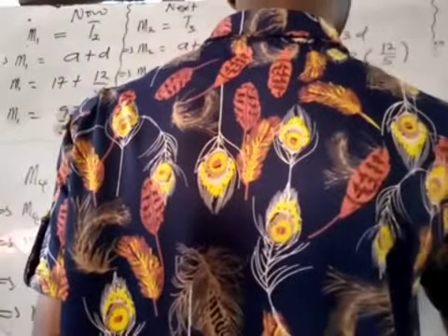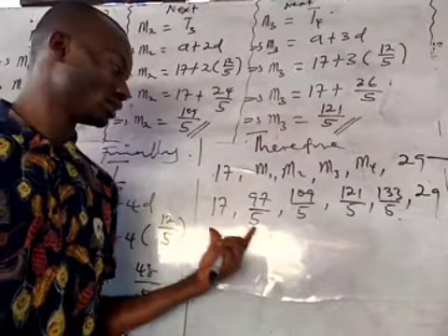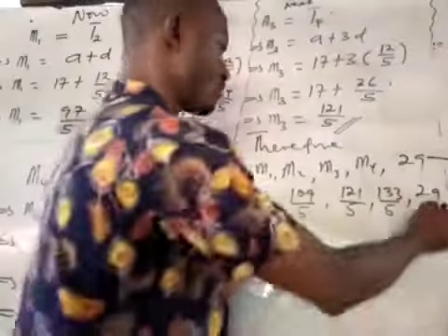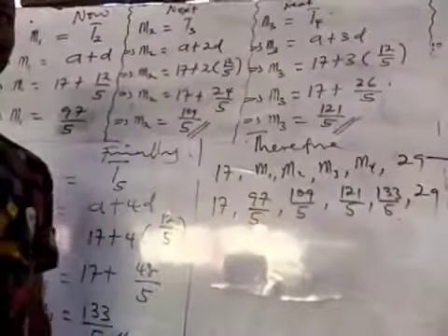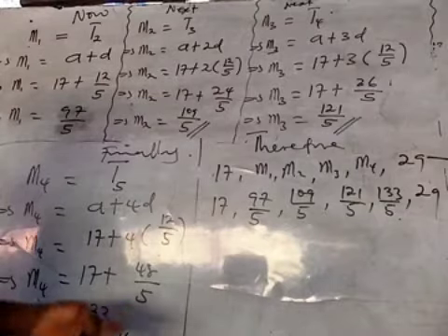And then this is now 29. So we have been able to insert the means in between the numbers 17 and 29 so that we form a sequence in AP. So this is what this episode tries to focus on.